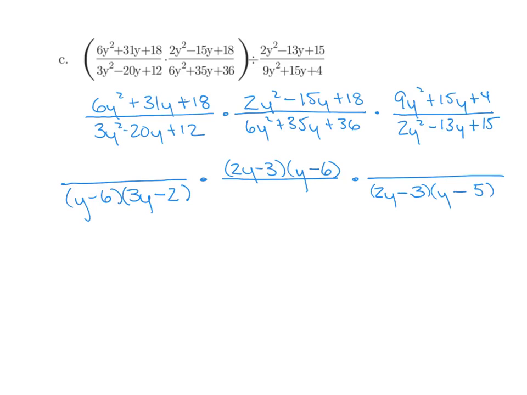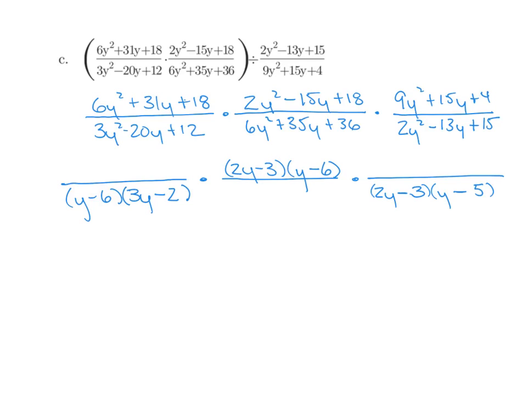If we do a quick check, we get outsides is negative 2y, insides is negative 18y, and negative 2y and negative 18y do combine to give us negative 20y. Okay, now the 3y minus 2, I cannot use it to factor any of my remaining tops because of the same signs, and we want positives. So we're going to have to start over again.